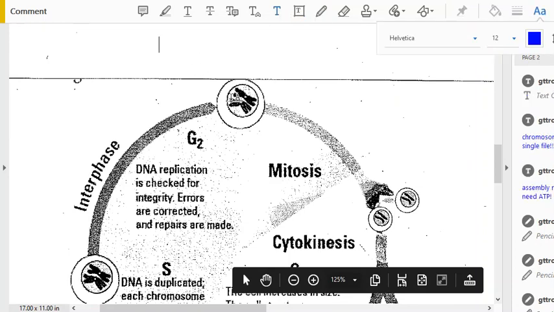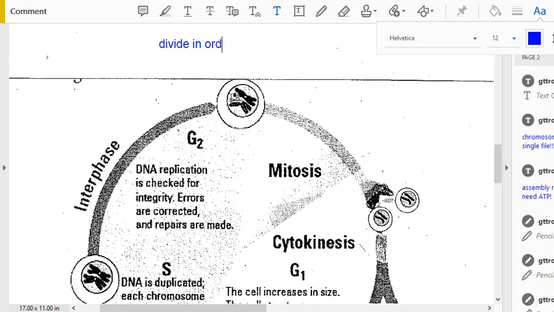So kind of up here on the top, we can make a little note. Cells are going to divide in order to, the first thing is to grow, right? You have to grow an organism. You started as a single cell, and then you built trillions and trillions and trillions of cells that make a body. You are trillions of cells, so you're obviously growing.